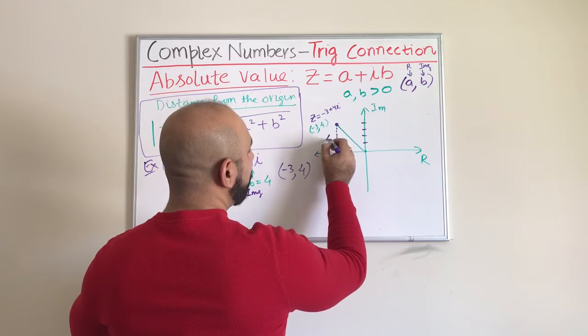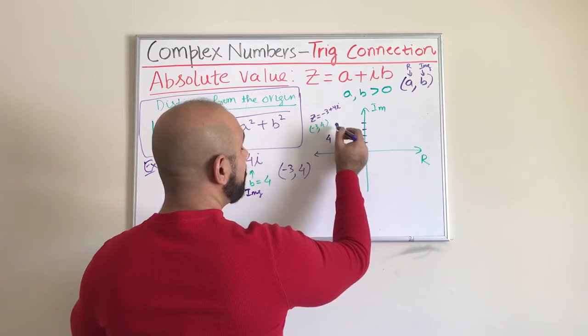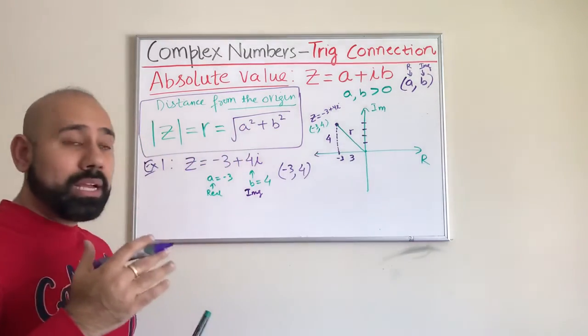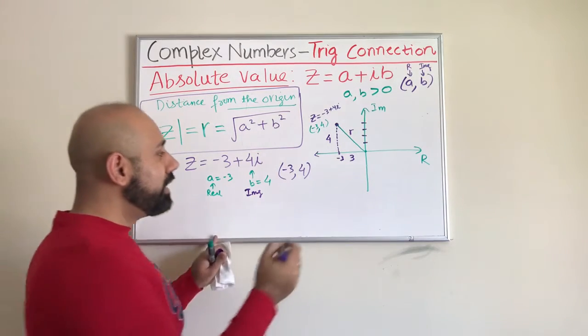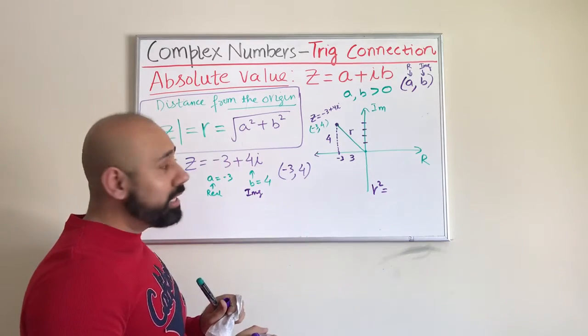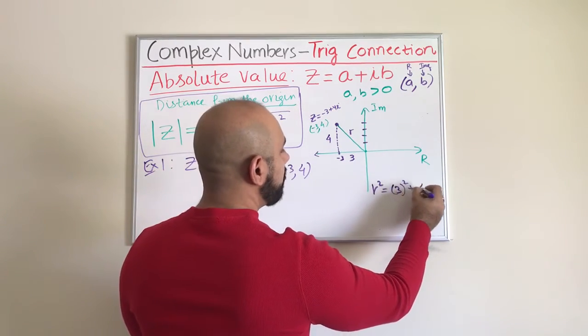And this length is 4 units. Basically, finding the distance or finding the absolute value is just finding the length of the hypotenuse of the right triangle, which we can do easily by squaring the other two sides. So 3 squared plus 4 squared.